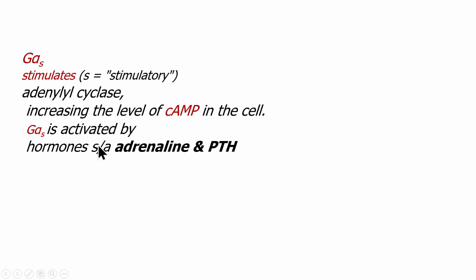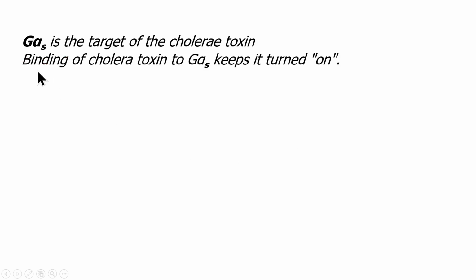The most important hormones which activate the stimulatory G proteins are adrenaline and parathyroid hormone. G alpha stimulatory is the target of cholera toxin. This cholera toxin is produced by the bacteria Vibrio cholerae, and it can cause life-threatening diarrhea.